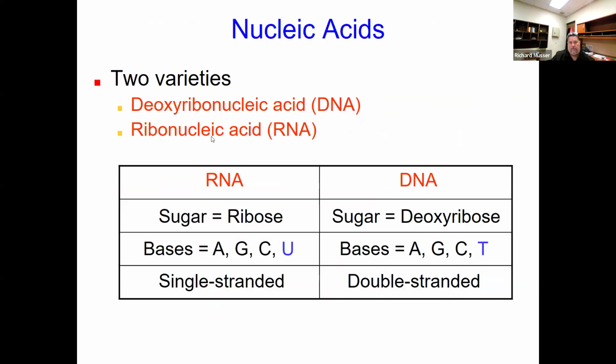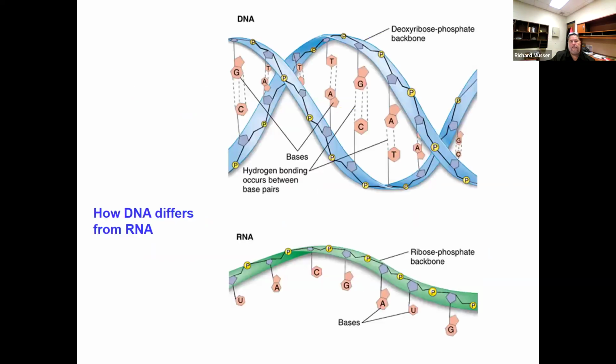So that's what's being shown in this picture here. RNA has ribose, and DNA has deoxyribose. And then there's the thymine versus the uracil. RNA is single-stranded, and DNA is mostly double-stranded.